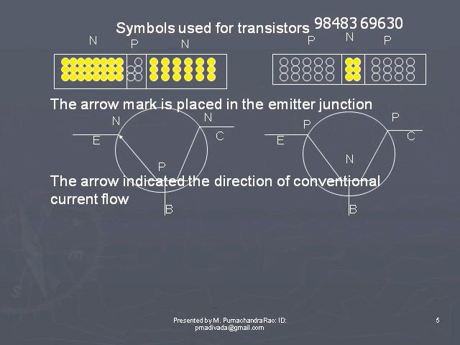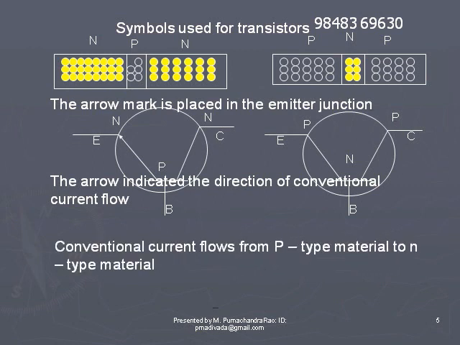If the arrow mark is from base to emitter, it is an NPN transistor. The arrow mark is drawn only at the emitter junction and it indicates the direction of conventional current flow. Based on this, we must be able to identify PNP and NPN transistors.